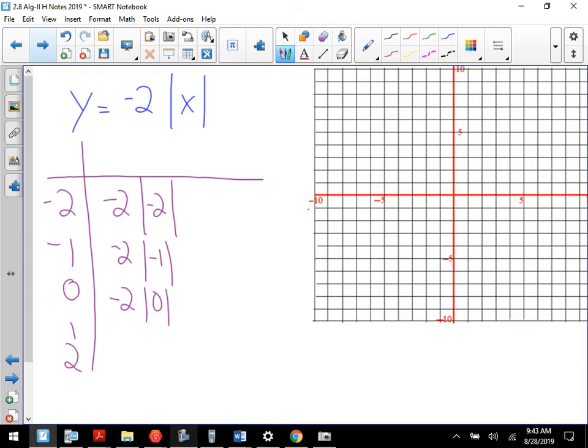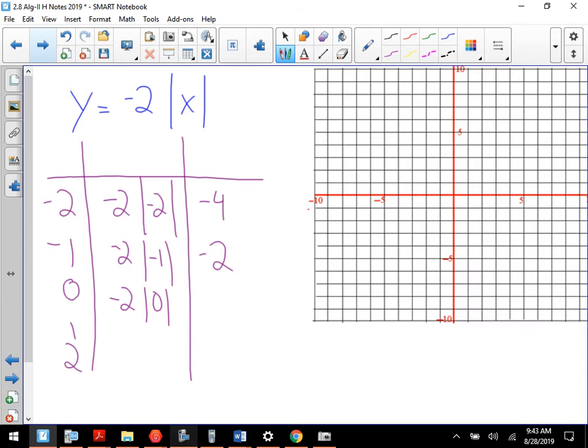So order of operations would tell you to take the absolute value of x first, and then multiply it by -2. Okay, that's what that says. What's the absolute value of -2? 2. What's 2 times -2? -4. Okay. Generating ordered pairs. Absolute value of -1. 1 times -2. Okay. What is it for 0? Is there such a thing as -0?